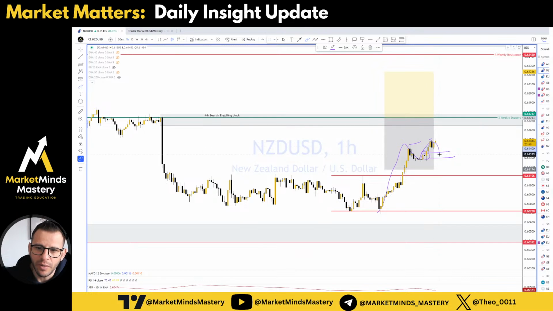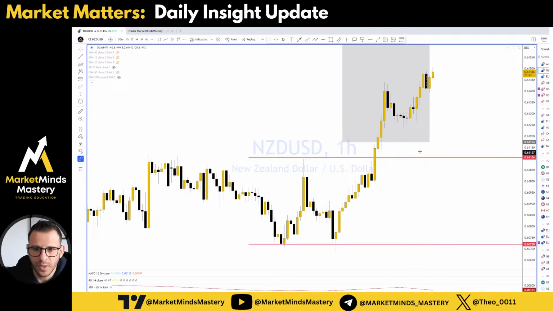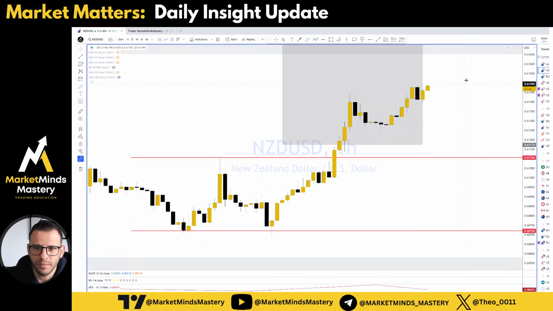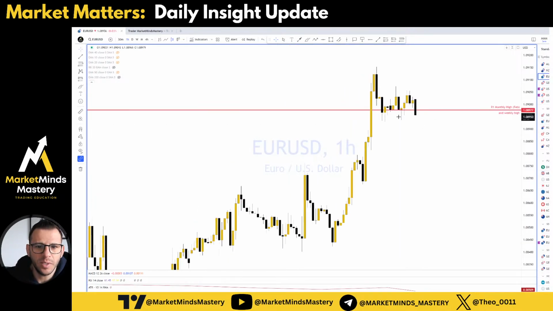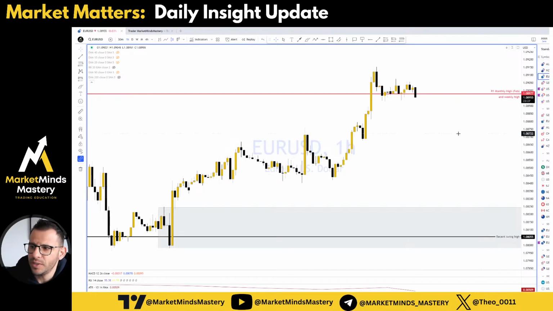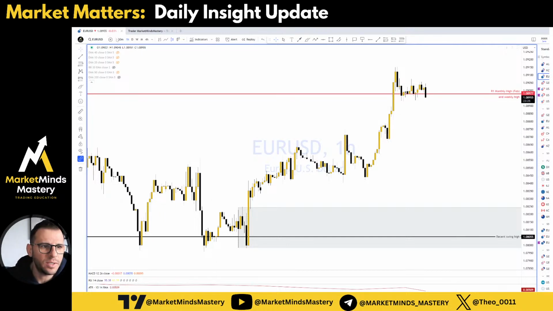So if we see a retracement, we can keep buying the New Zealand dollar until this area here. Okay, right here. So that's the analysis for this one. Guys, any currency pair you would like to see analysis, please let me know on the chat.